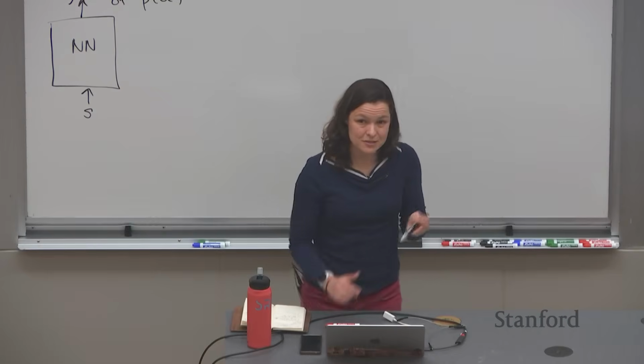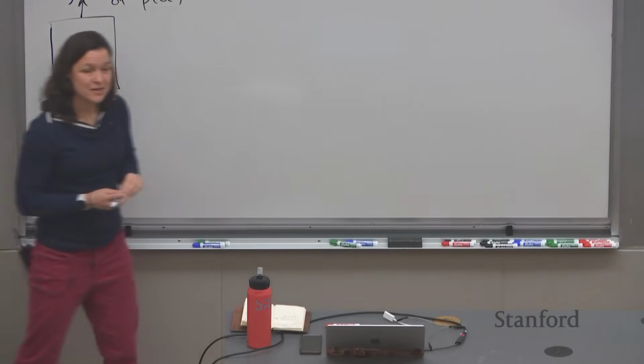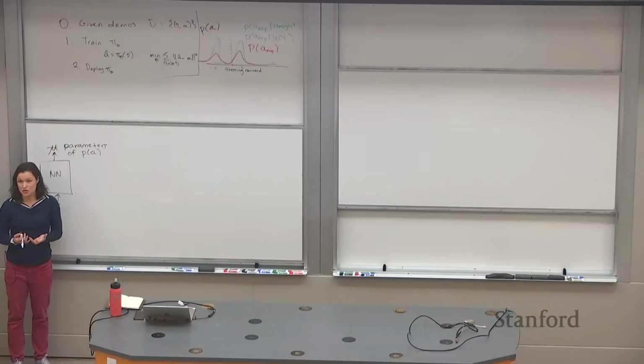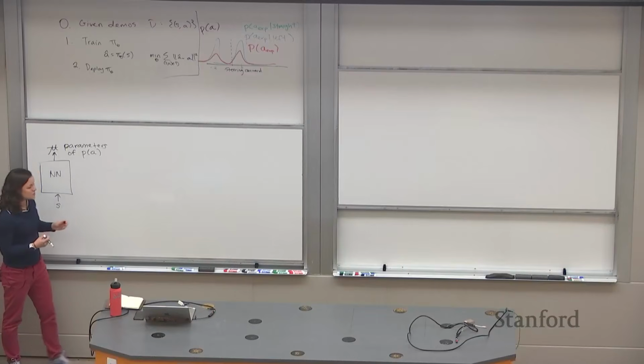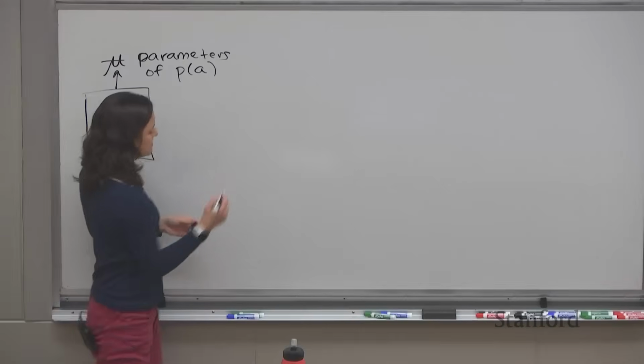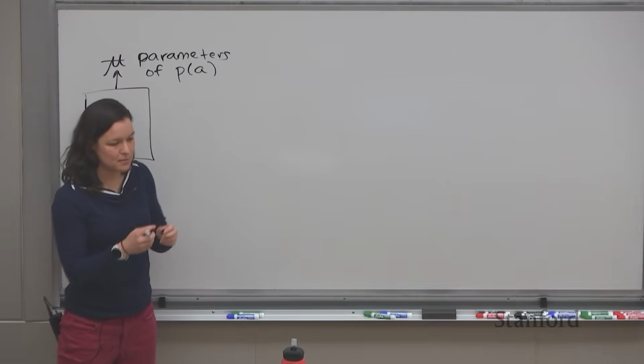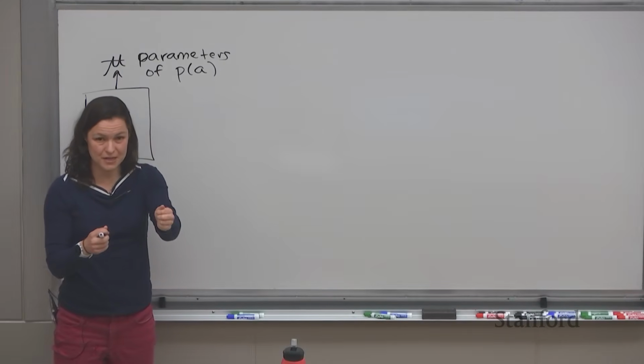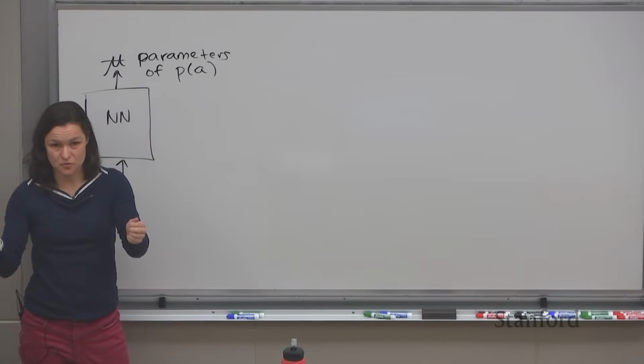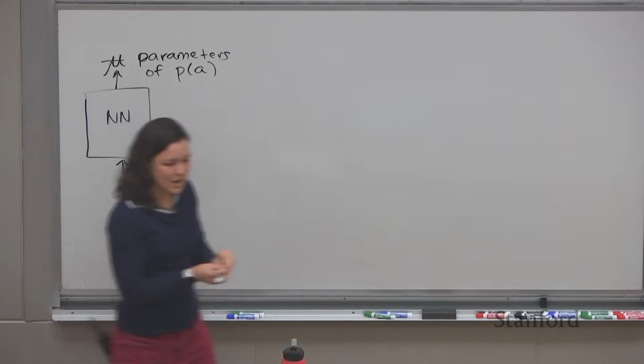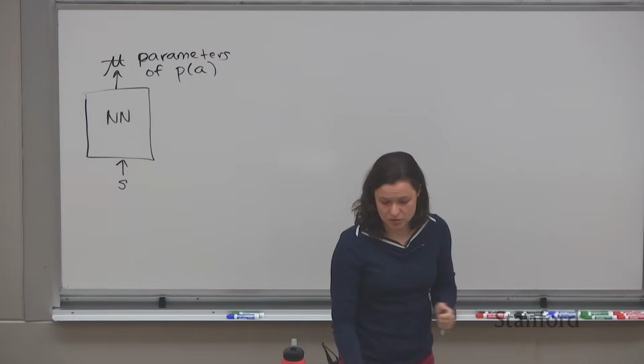What you could do is the neural network could output basically this categorical distribution over actions, where in this discrete case, it will output the probability of the first action, the probability of the second action, the probability of the third action, and so forth. And so you can think of this as a classification problem.